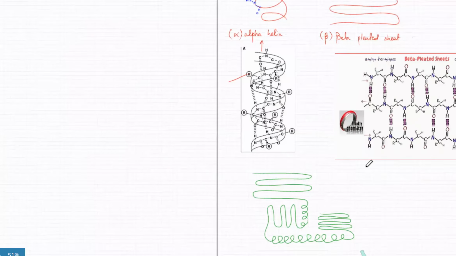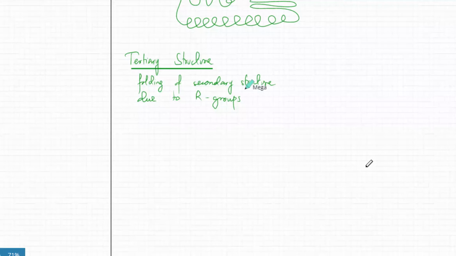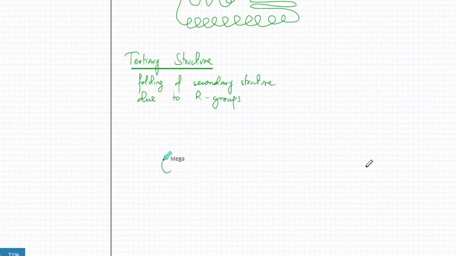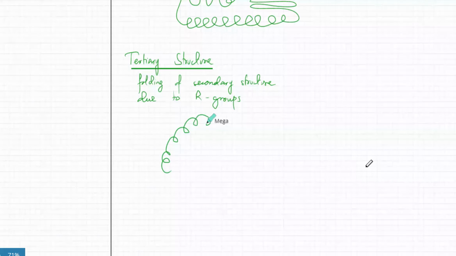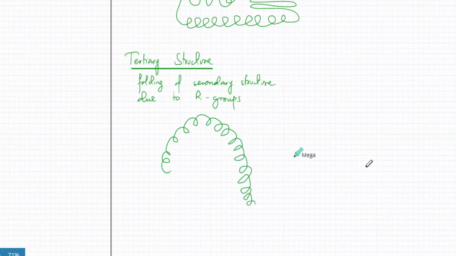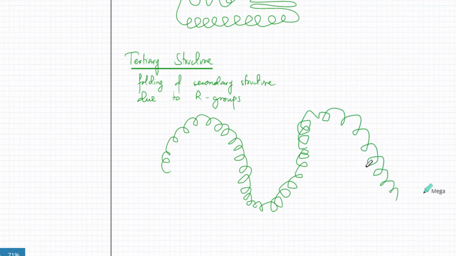So the tertiary structure is that the secondary structure that you just made would coil up or fold up on its own. Why? Because the R groups might be interacting. The alpha helix might fold up.